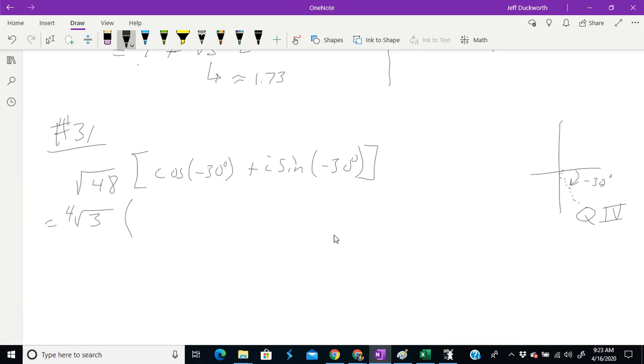And then the cosine with a terminal angle of 30 degrees in quadrant 4 is going to be root 3 over 2. It's going to be positive because cosine's positive in quadrant 4. And the sine will be negative, 1/2, or in this case, negative 1/2.